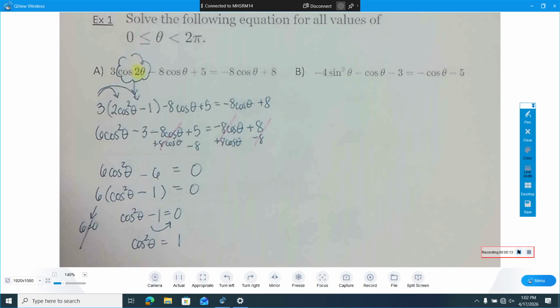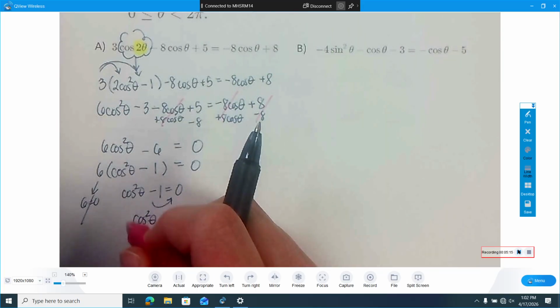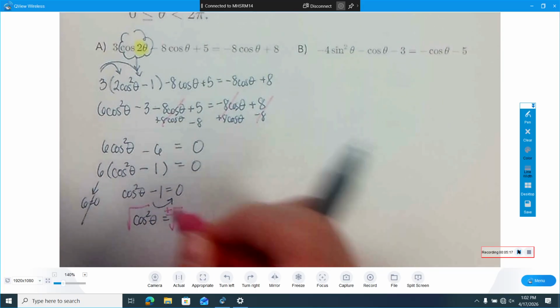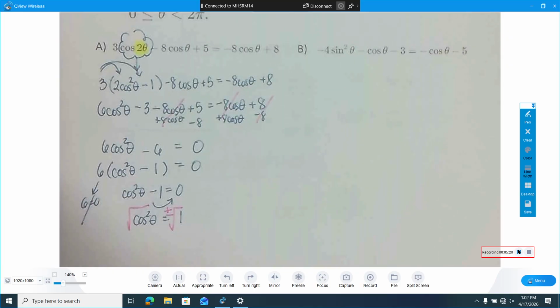And then how do I get rid of the squared? Square root. We don't care about it. You're with us now? Okay, good. I just will take a pause.